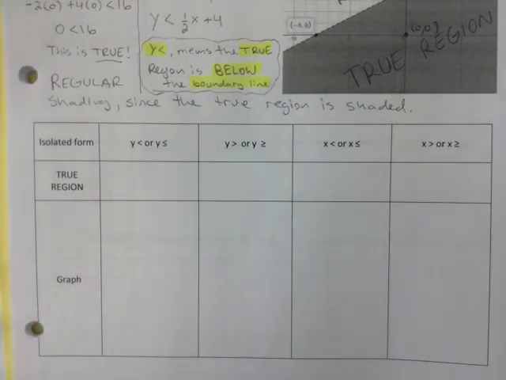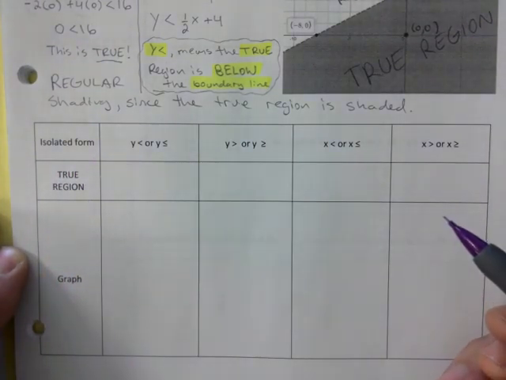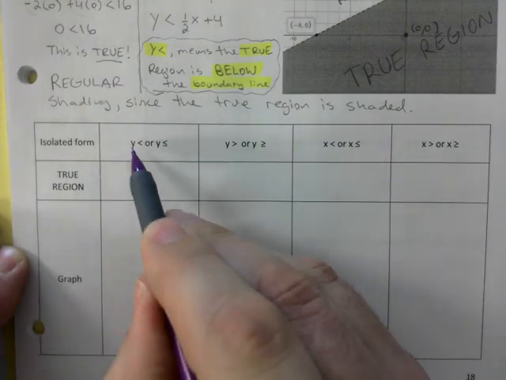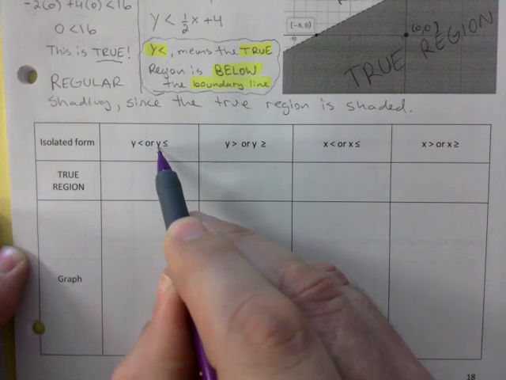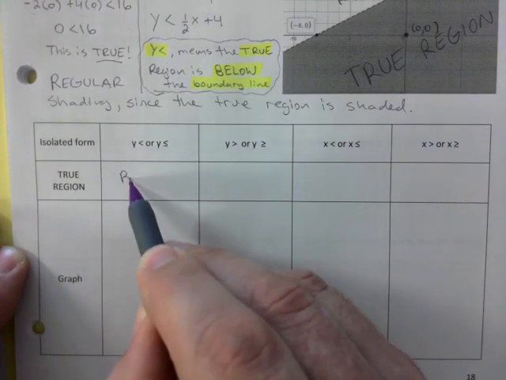So let me just make sure I get this right here. If you have y is less than or y is less than or equal to, the true region is below.